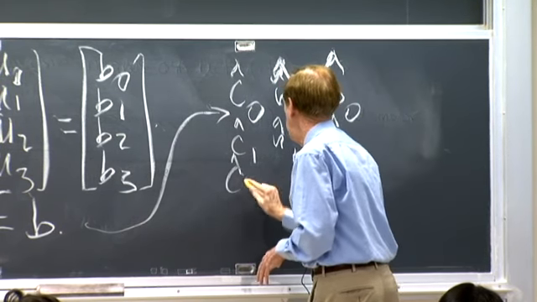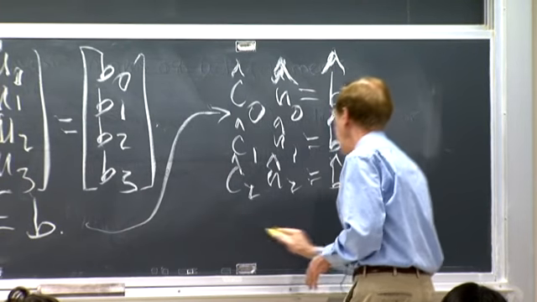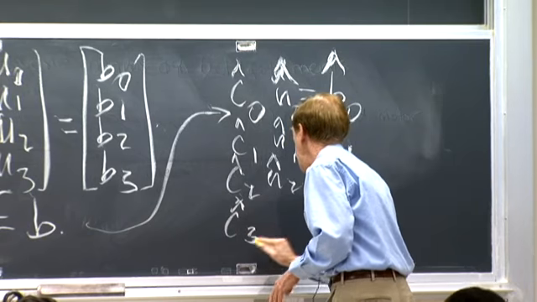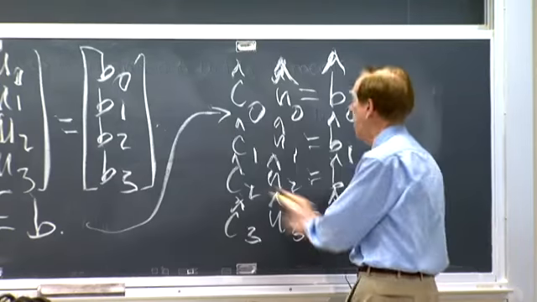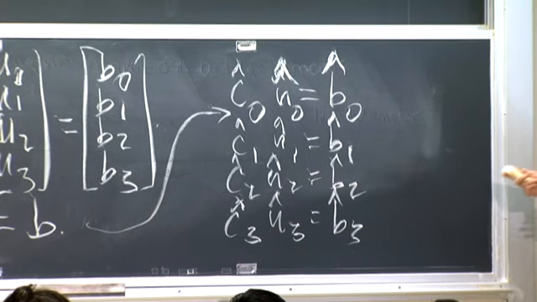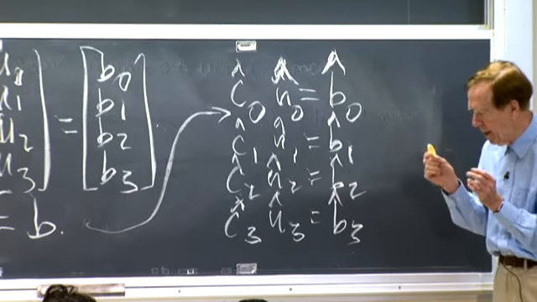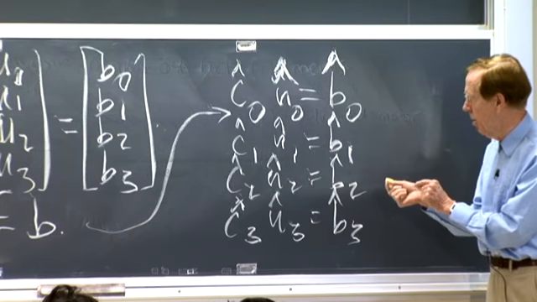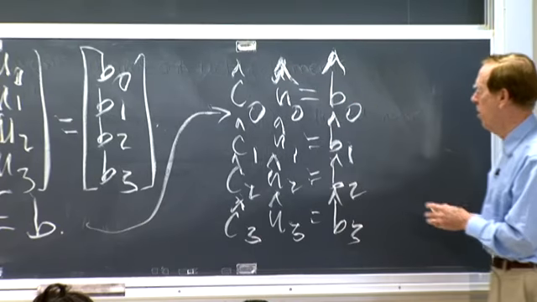C hat 2, U hat 2 equals B hat 2. And finally, C hat 3, U hat 3 equals B hat 3. And there might be, I don't swear that there isn't, a 1 over 4 somewhere. But the point is, we're in frequency space now. We just have component by component: each component of C hat times each component of U hat gives us the component of B hat.